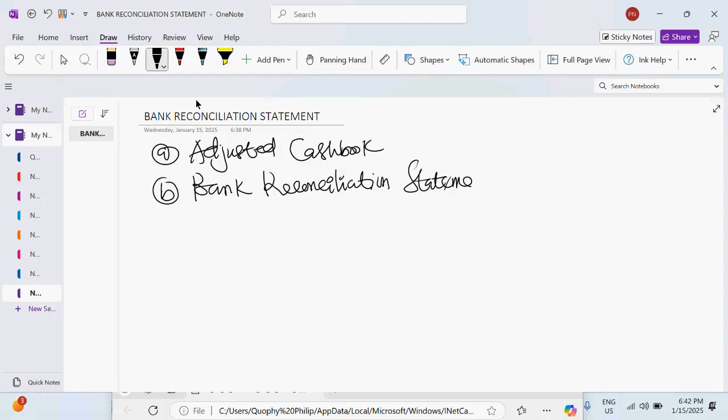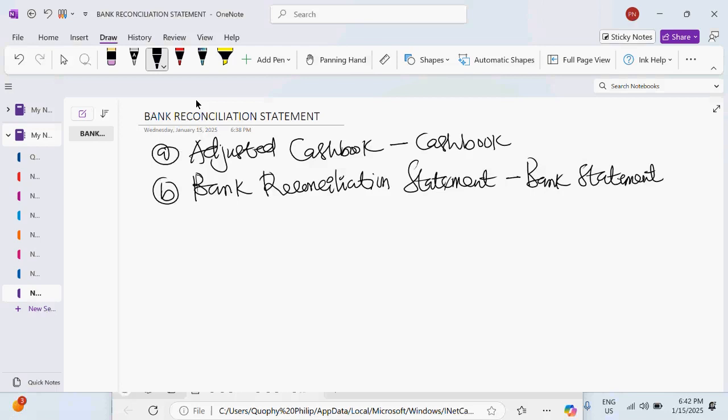These are the two key requirements that will be prepared. Under the adjusted cash book, you'll be given a cash book so that you adjust it. Under the bank reconciliation statement, you'll be given a bank statement for you to adjust it.